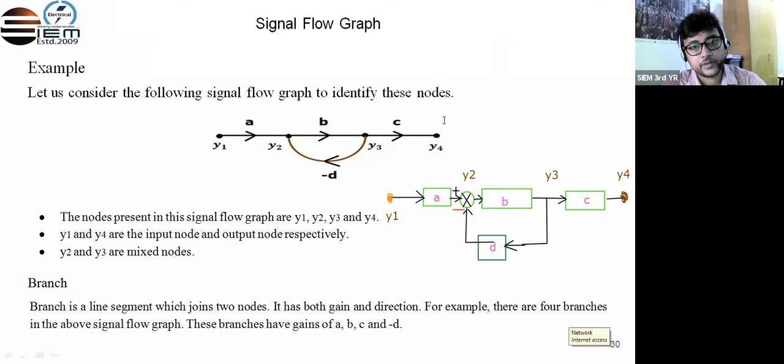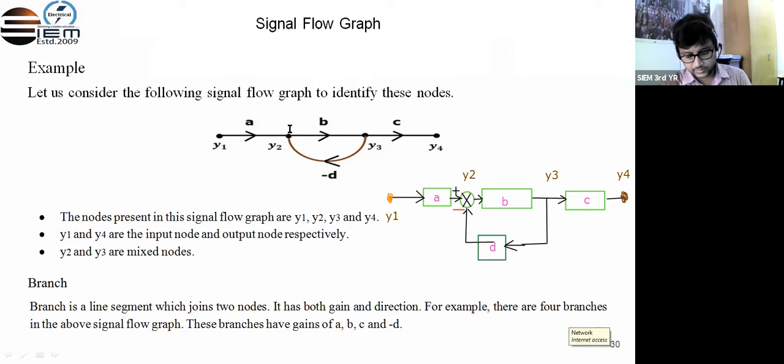And see, from y1 to y2 there is a transformation, that is a, which is from left to right direction. So we'll put a simple branch. This one you also did in circuit theory network, in graph theory.